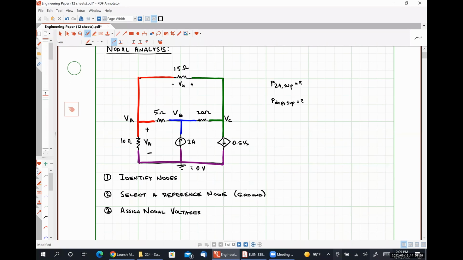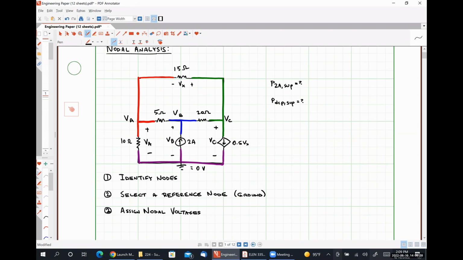Similarly, the nodal voltage at node B is simply the voltage with node B at the positive polarity terminal and ground at the negative polarity terminal. So VB is a shorthand notation for the voltage drop across our 2 amp current source. And our nodal voltage at node C is the voltage across our dependent current source, like so.